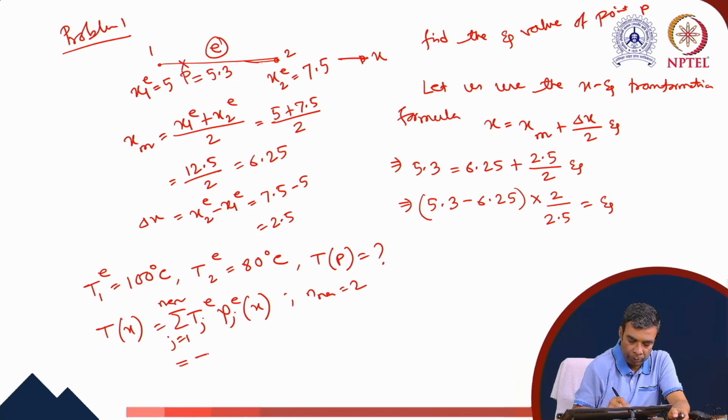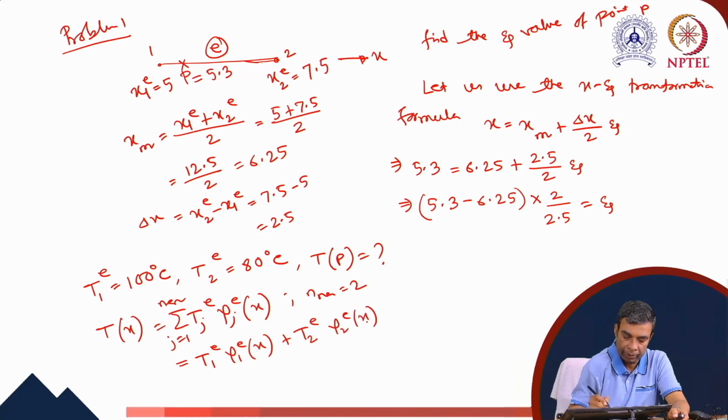So T equals T1e psi 1e(x) plus T2e psi 2e(x).